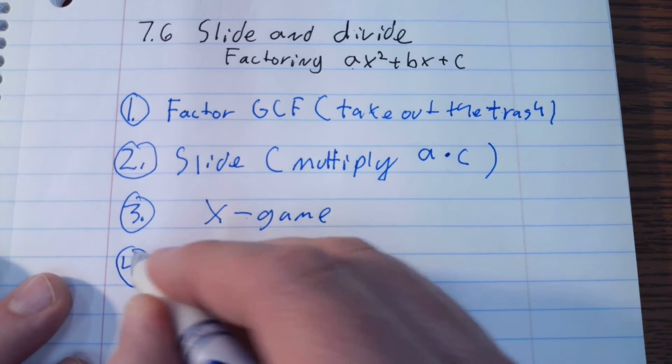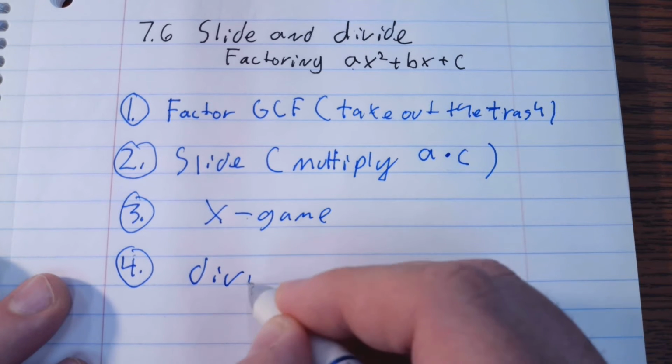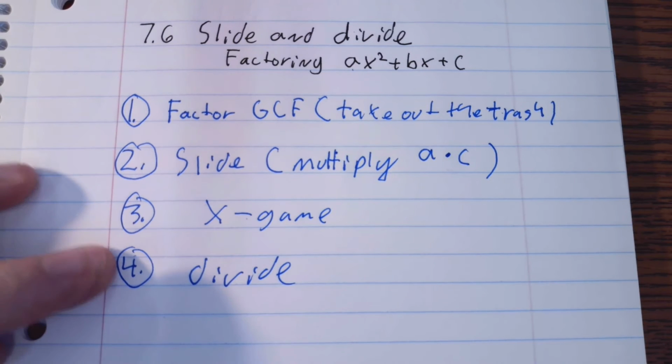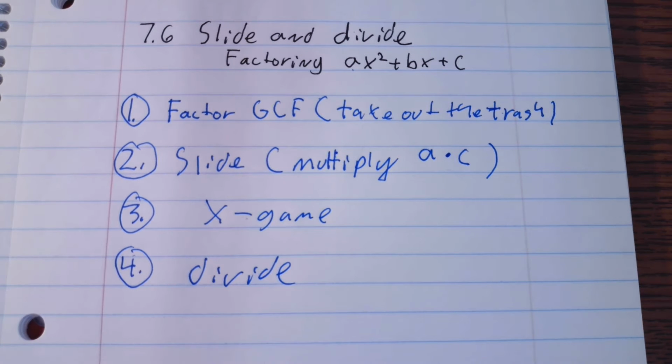Fourth thing is going to be divide. And divide is actually a math term, so we can do that. So I'm going to kind of show you how this works. This is almost more complex than the actual thing. So let's just start with a problem, and then we will move on with our lives a little bit.